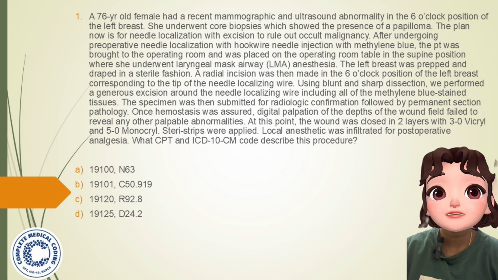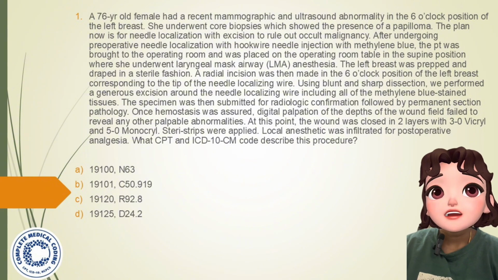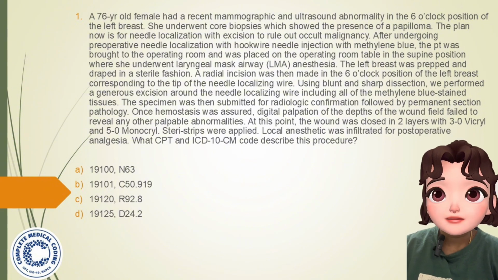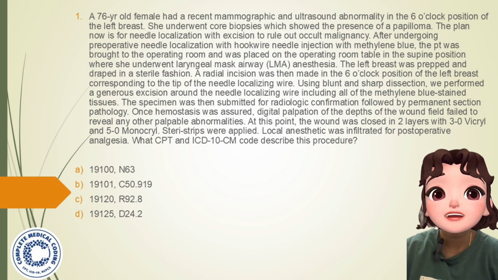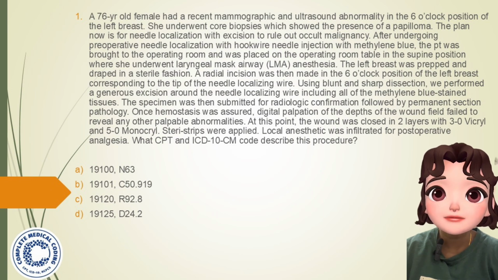What is the first option? Let's look into the ICD codes first. What is N63? N63 represents unspecified lump in the breast. It just mentions unspecified lump in the breast.